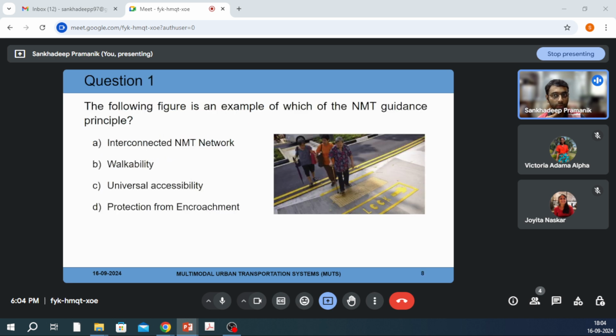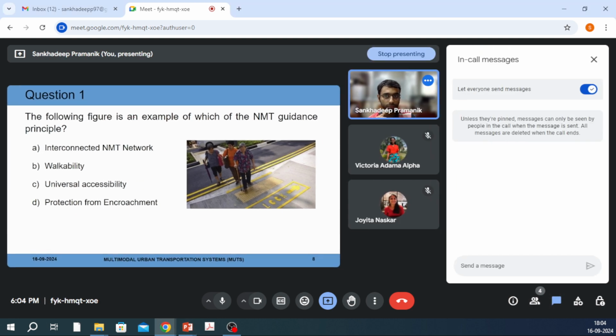Moving forward, the first question is: the following figure is an example of which of the following NMT guidance principles? Interconnected NMT network, walkability, universal accessibility, protection from encroachment. You can post your answers in the chat box.